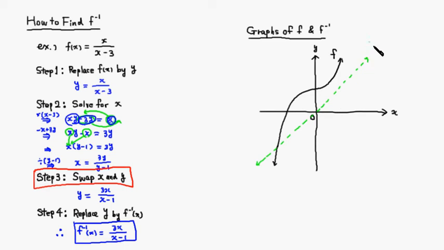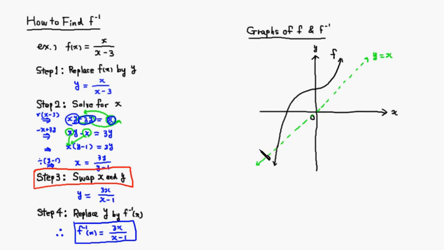So this is y equals x. If you're switching x and y, this graph is going to be reflected over to the other side of y equals x. So the graph is going to look like this.